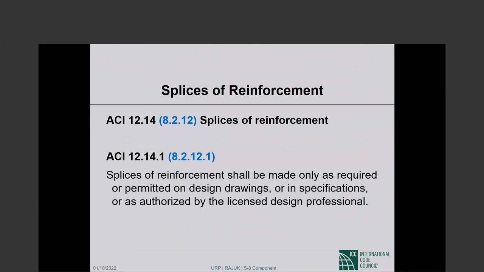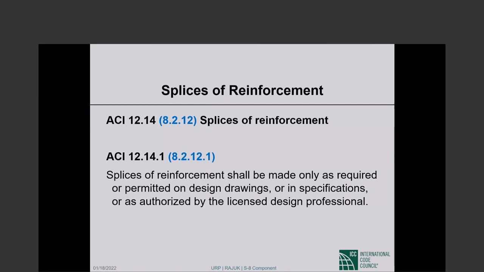Now it's a totally different topic. Okay, so try to remember. We started with development of deformed bars in tension, L sub D. Then development of deformed bars in compression, L sub DC. Then development of hooked bars in tension, L sub DH.